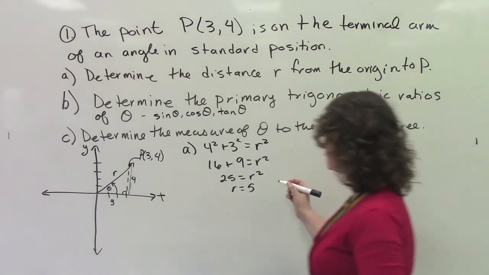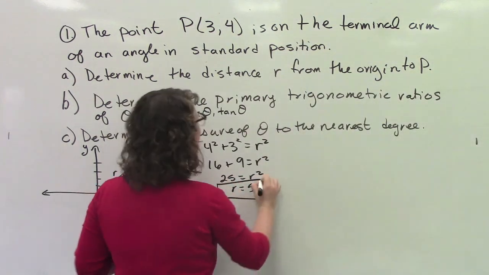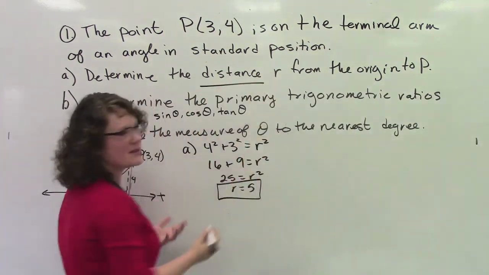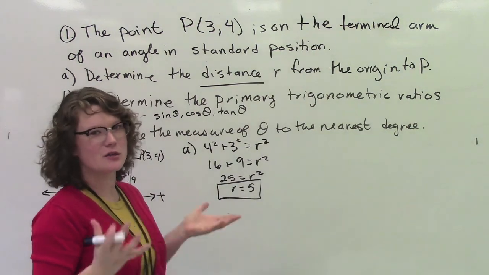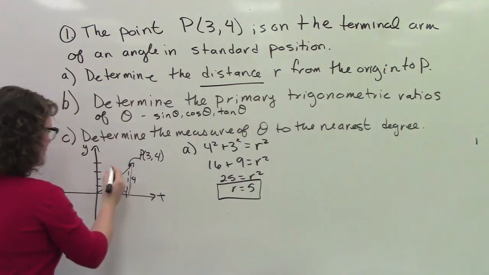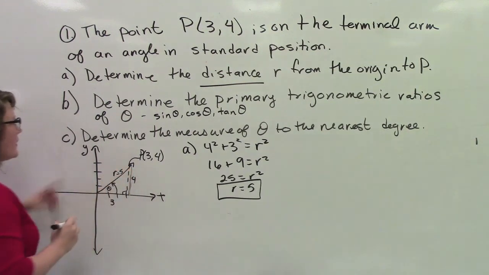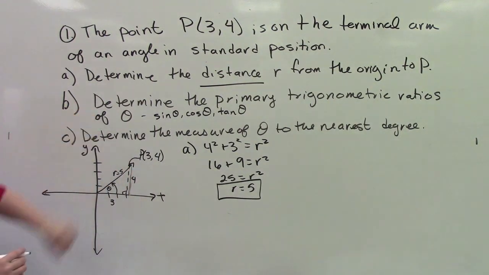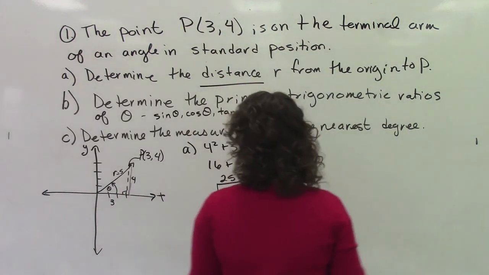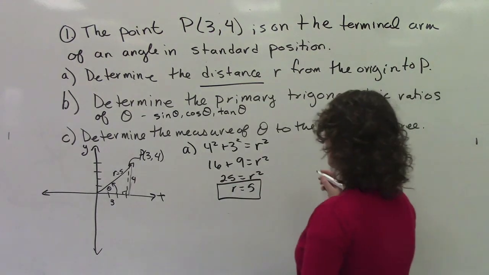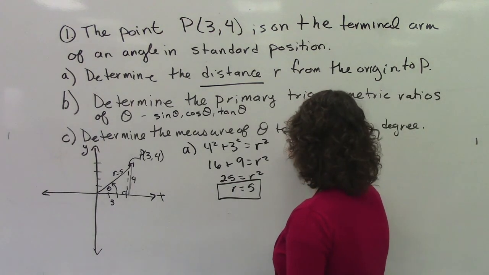And oh yeah, that's another thing. We're just looking for the distance, so we're looking for the magnitude, which can only be positive. So r equals 5.